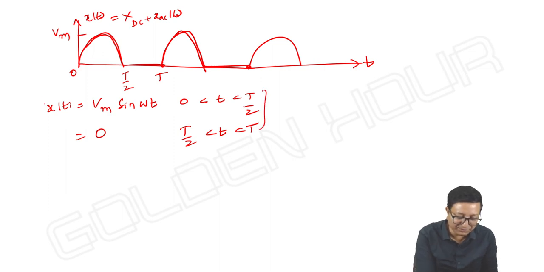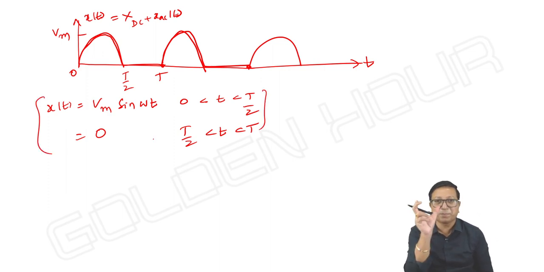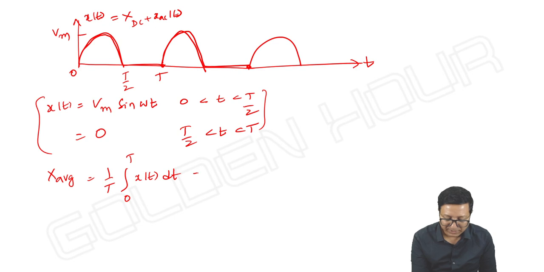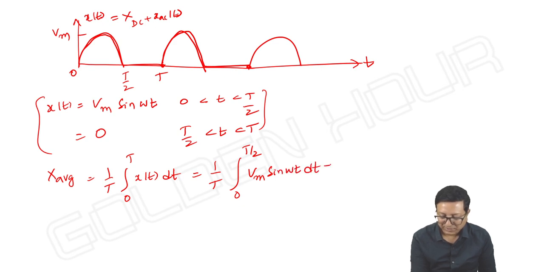Once I know the definition of the signal x of t over one period, I can find it. It is 1 by T integral 0 to T of x of t dt, equal to 1 by T integral 0 to T by 2 of Vm sine omega t, and from T by 2 to T it is 0.